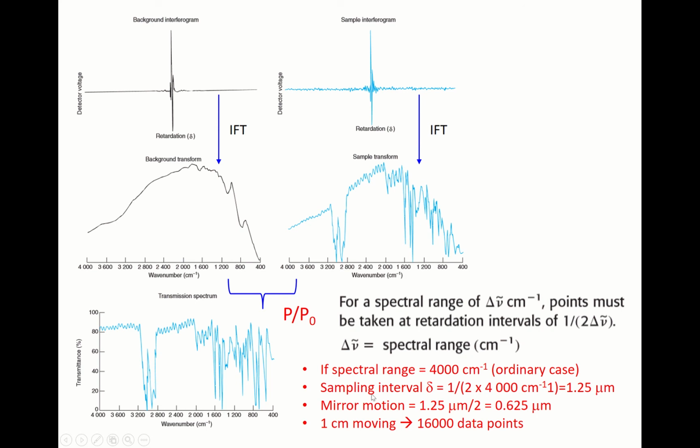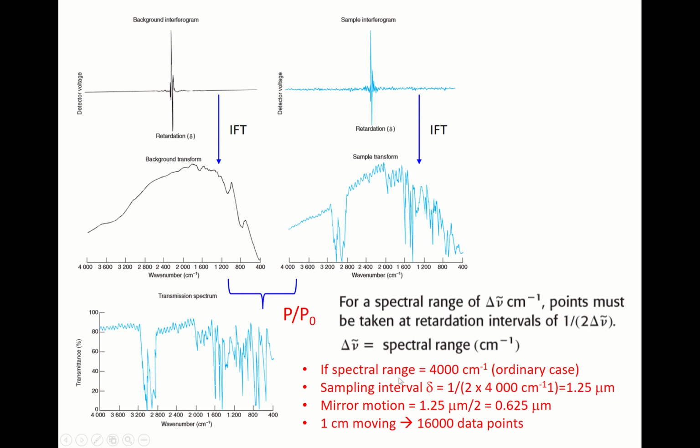For a spectral range of delta nu bar, points must be taken at a retardation interval of this. Delta nu bar is the spectral range. For the whole spectrum, the wave number is from 4,000 down to 400. Here is the calculation.